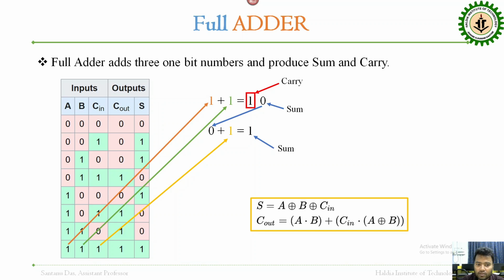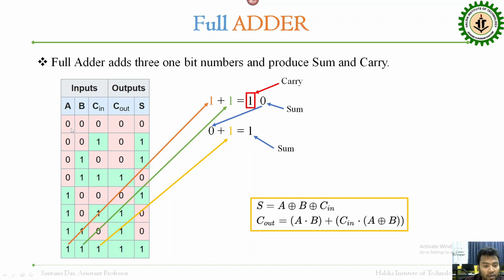We already know the rule for sum, but here a special case arises which I am discussing on this side. In the full adder a 3-bit input is there: A, B and C in. C in means any carry which will be added in the next stage, that's why it is C in, and the actual carry output is C out, and S represents the sum.